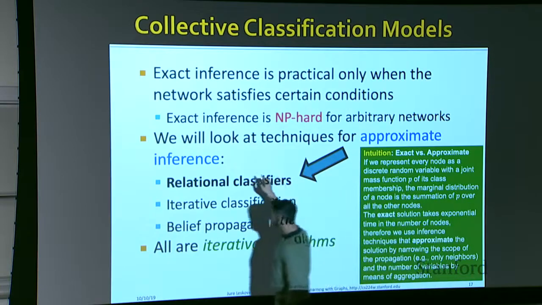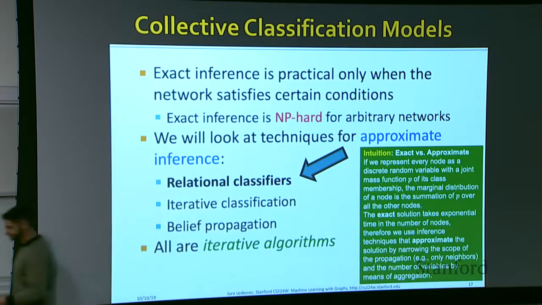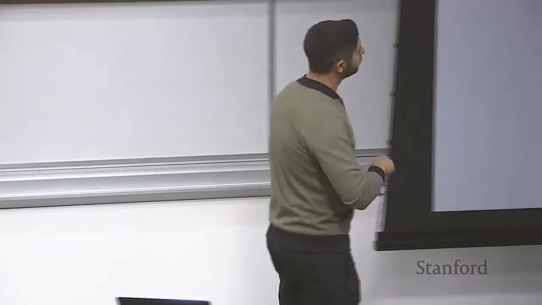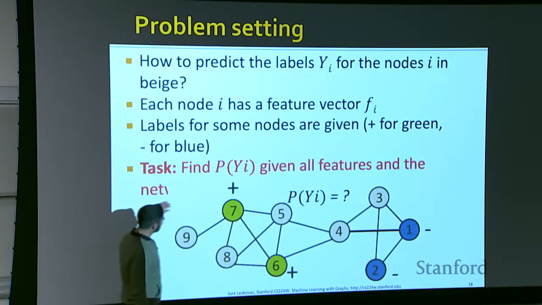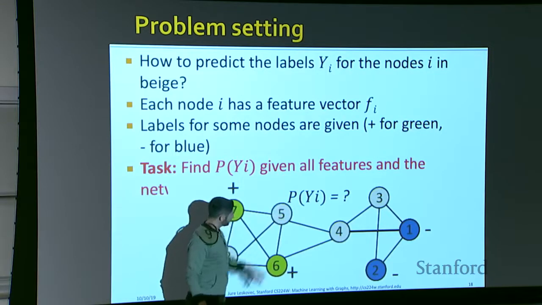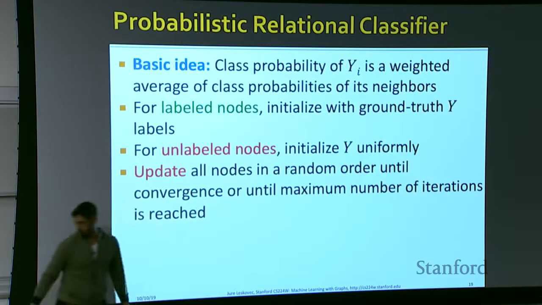So let's start from the relational one, the easiest, okay? So what is the problem setting? Again, we're trying to predict our labels y_i. Each of our nodes i has a feature vector, and some of the labels are given. So now, how do we find the missing labels for our beige nodes, okay?